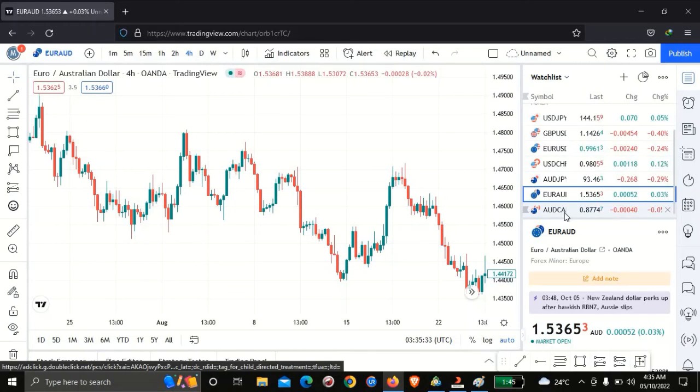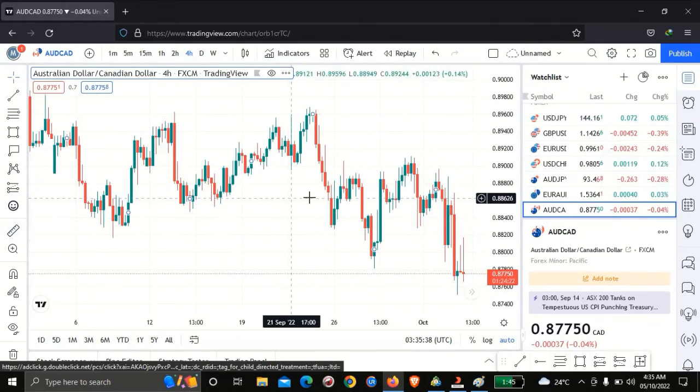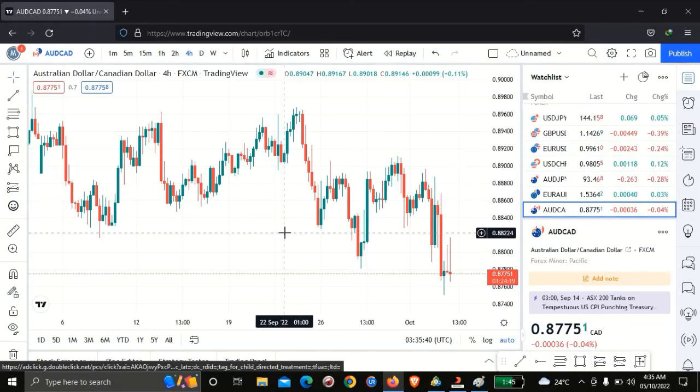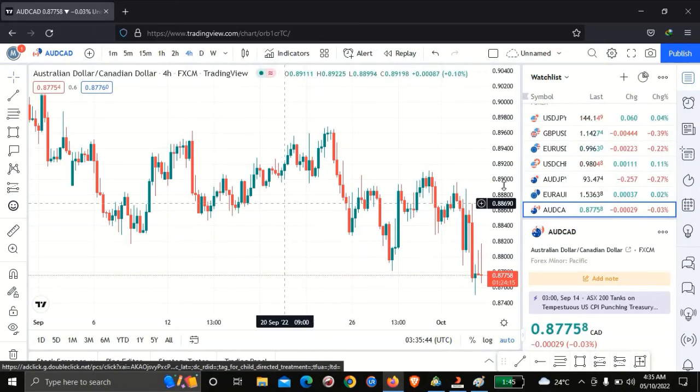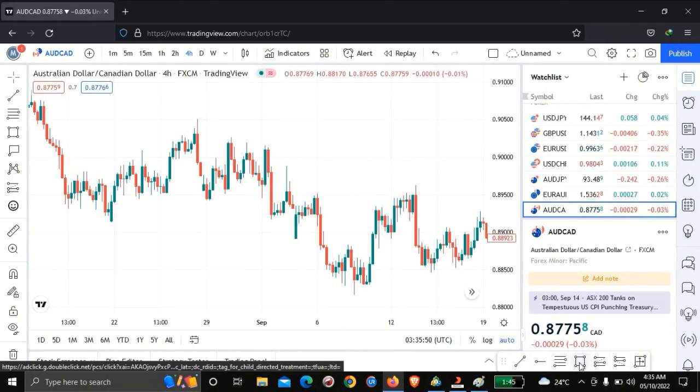Let's look for more order blocks. You can see here, this is another block.